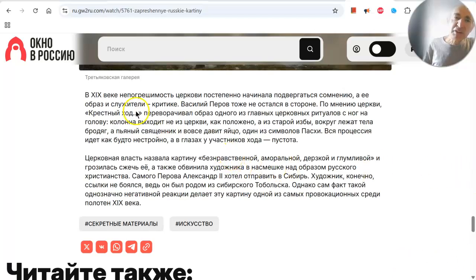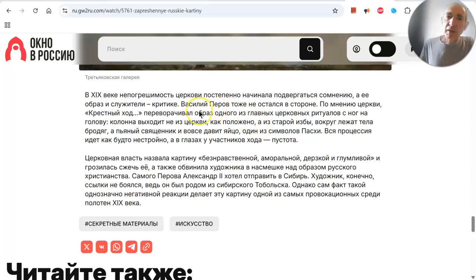Meaning, its image and workers became subjected to criticism. But instead of repeating подвергаться сомнению, to be subjected to, they just put this dash. In the 19th century, the unsinfulness of the church gradually began to be subjected to doubt, and its image and workers to criticism.